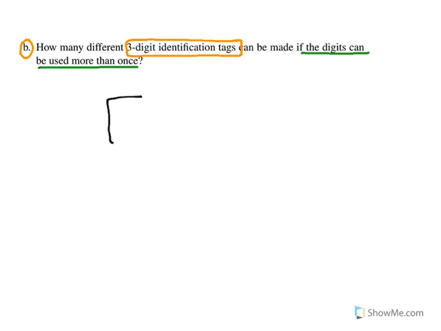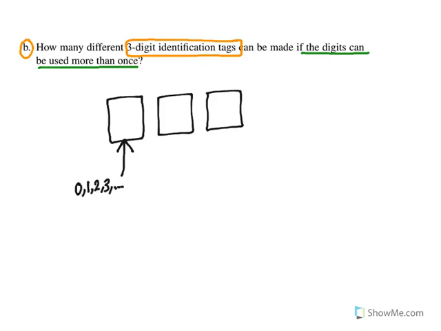So first you draw 3 boxes. Each of them will have one of the digits. So first you ask yourself, how many possibilities for the first digit? It could be any number from 0, 1, 2, 3, up to 9. And this gives you 10 possibilities. From 0 to 9, count, you'll have 10 numbers, or 10 possibilities in this case.